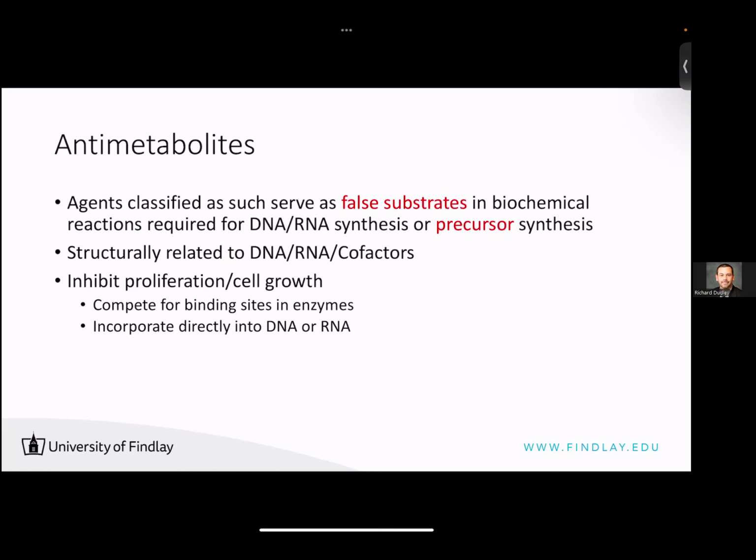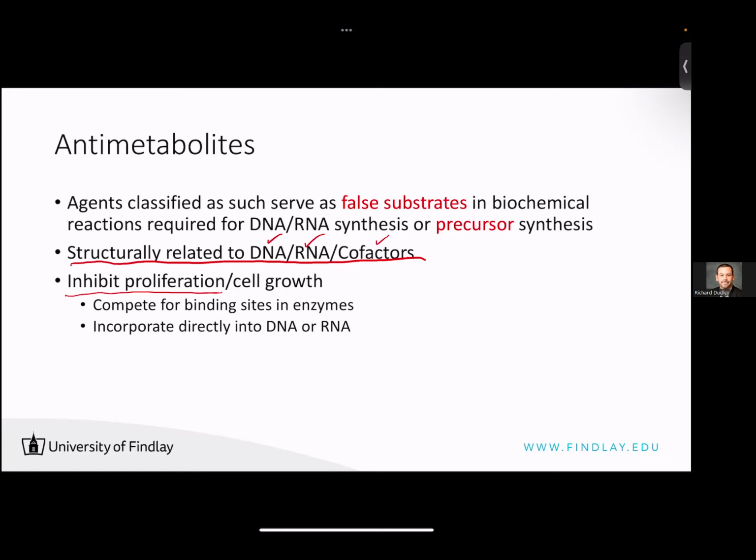So naturally, then, what you would think is the antimetabolite drug is going to have some structural similarities to the normal DNA substrate or the RNA substrate, or even a cofactor for DNA or RNA synthesis. End result, again, slowing down or inhibiting proliferation, cell growth, and that can lead to then an anti-proliferative effect.